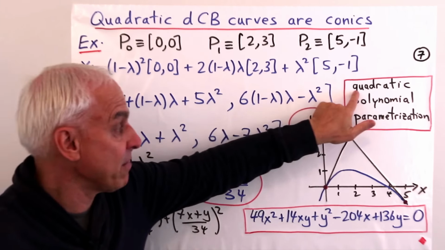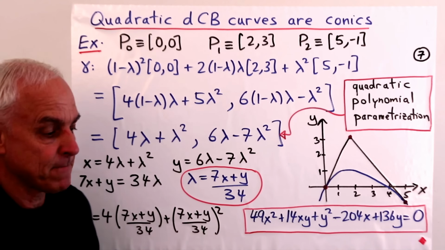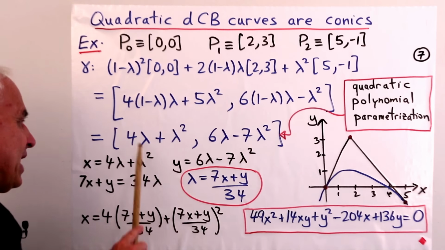And I want to now explain to you why it is that such a curve parameterized that way is actually a conic. So let's say we equate this to x and we equate this to y. So here are the x coordinates and the y coordinates in terms of the parameters. And what we would perhaps like to do is find the algebraic curve expression for this curve.